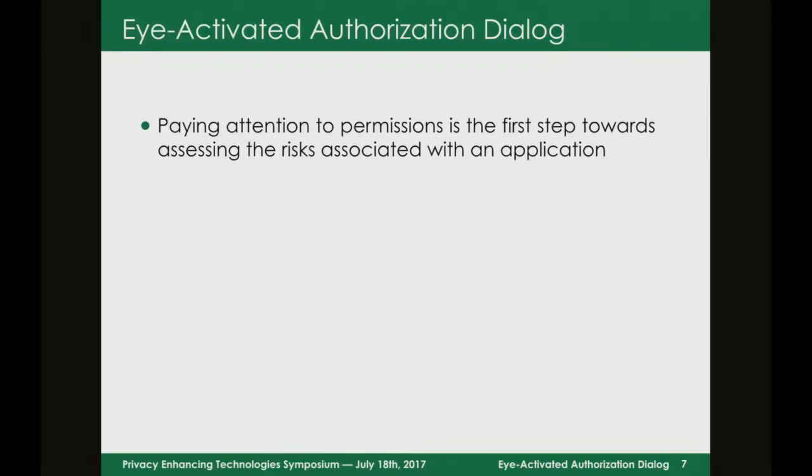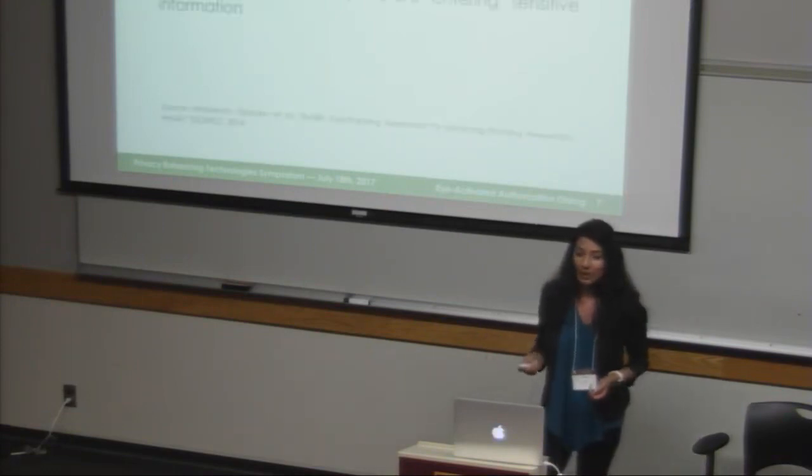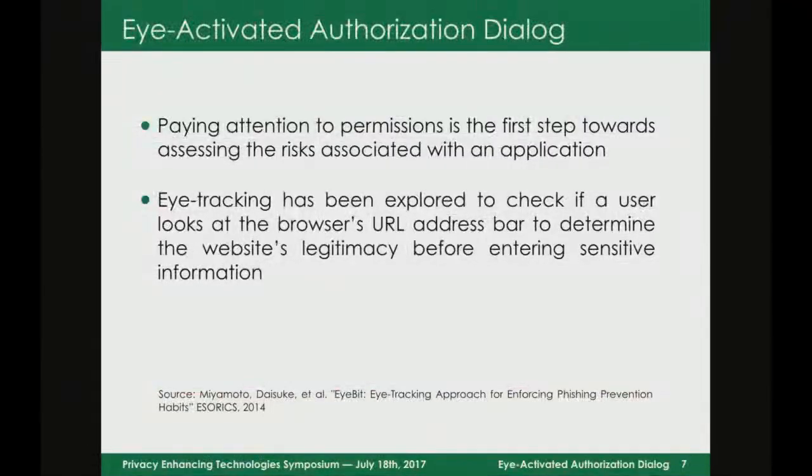We all know that eye tracking devices are becoming readily available and affordable. So can we actually use them to make the user pay attention to permissions? This work has been motivated by several existing mechanisms. For example, there is an approach to get the user into the habit of looking at the URL address bar before they enter sensitive information on a website, in order to differentiate between legitimate and malicious websites.